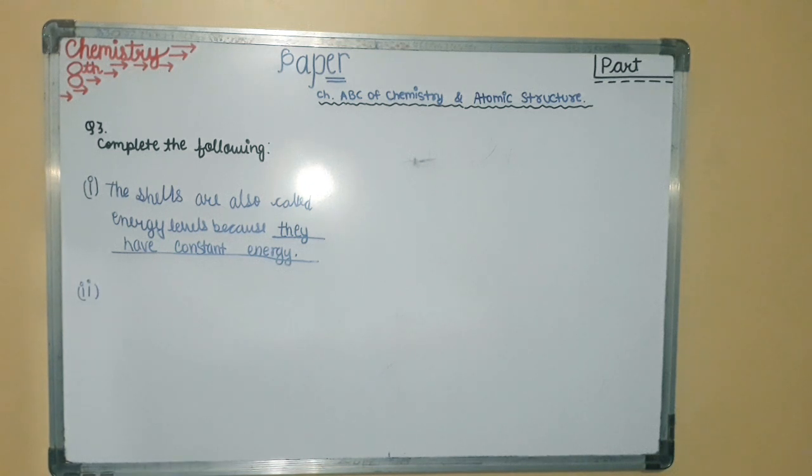Second question is, an atom having atomic number 18 is considered as noble gas because. I'll repeat the question.